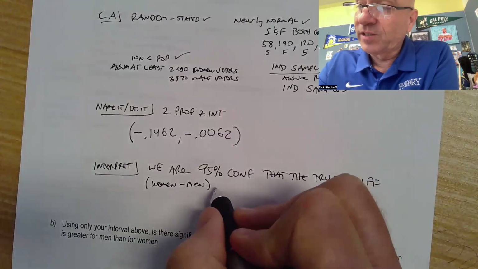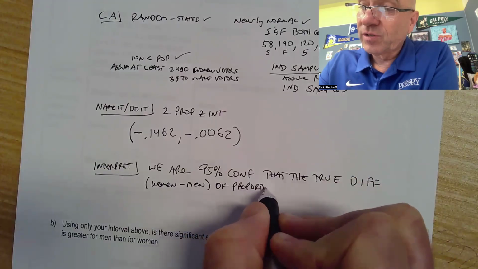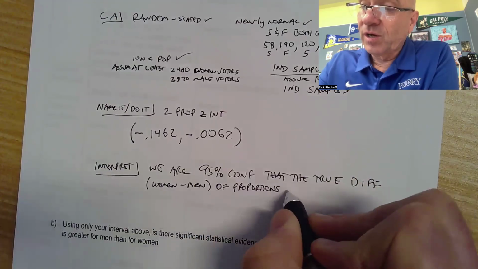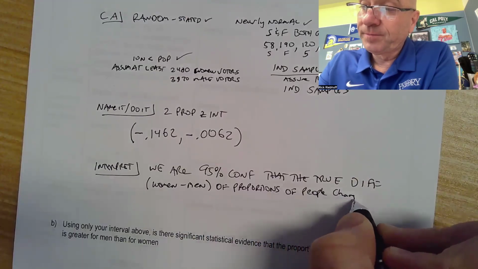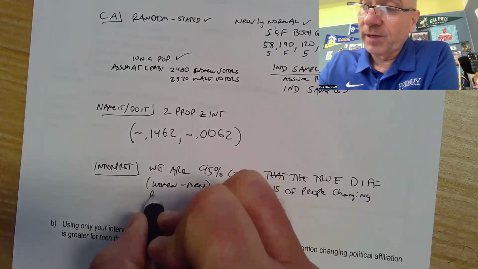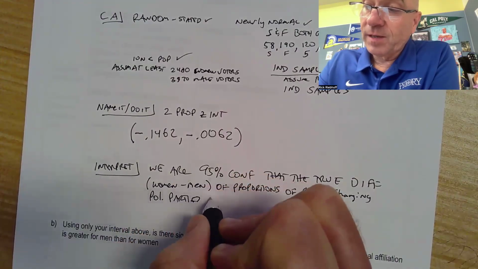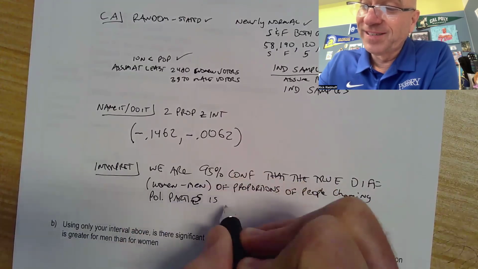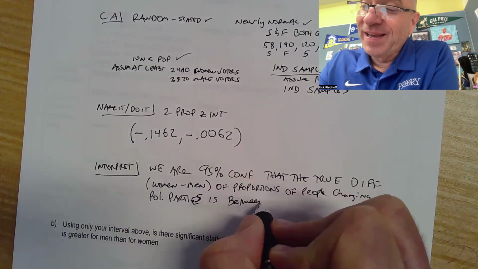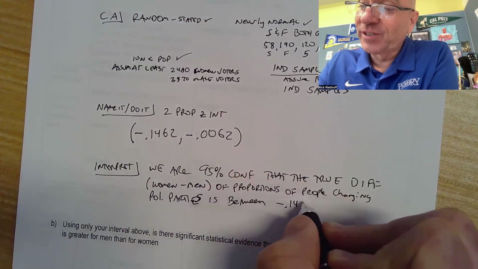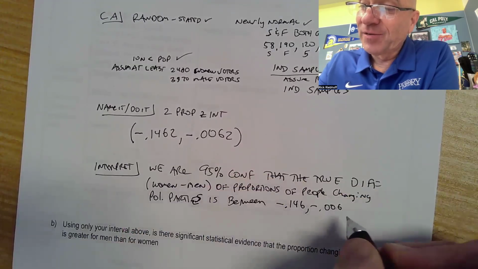The true difference of proportions of people changing political parties is between negative 0.146 and negative 0.006, right?